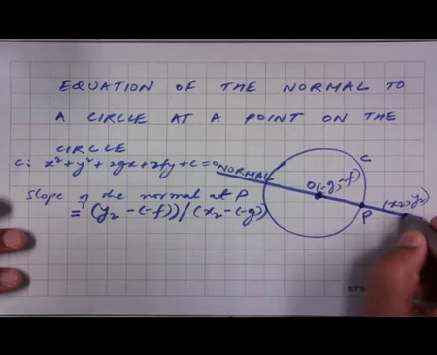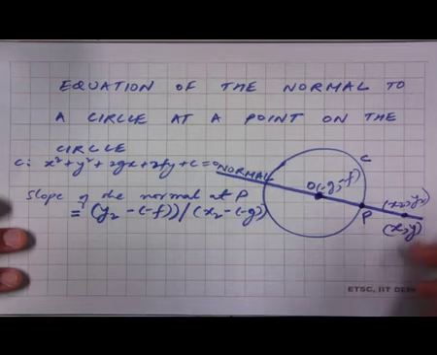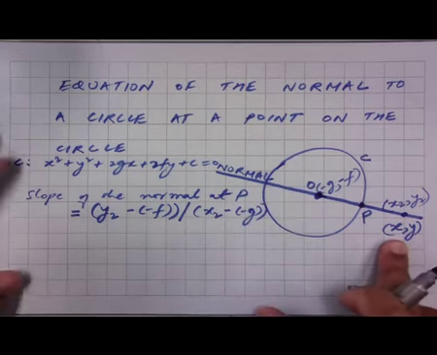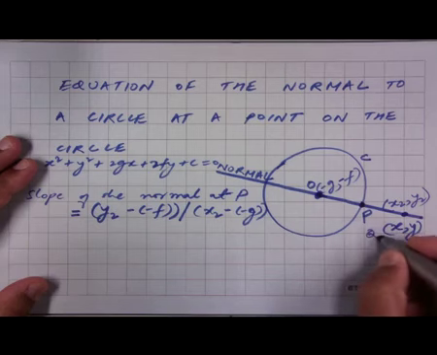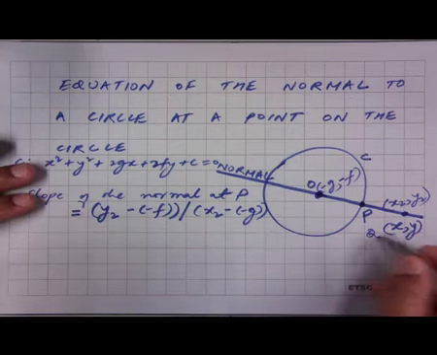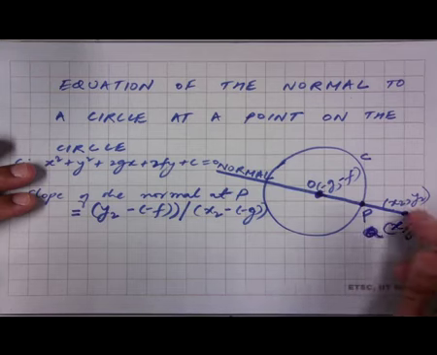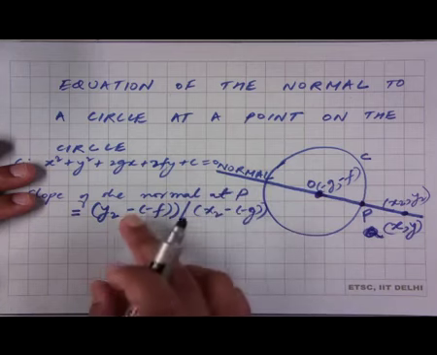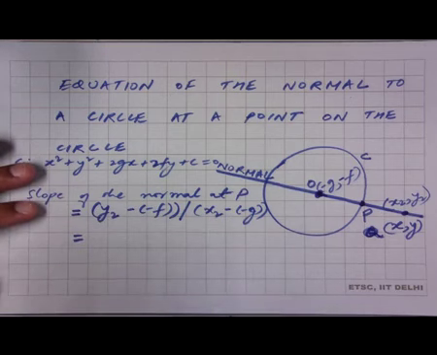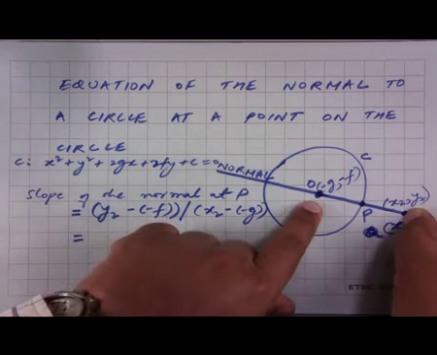Now, if we have any general point on this normal, say x, y, then this slope must also be equal to the slope of the line segment between any point on the normal line and the center of the circle.